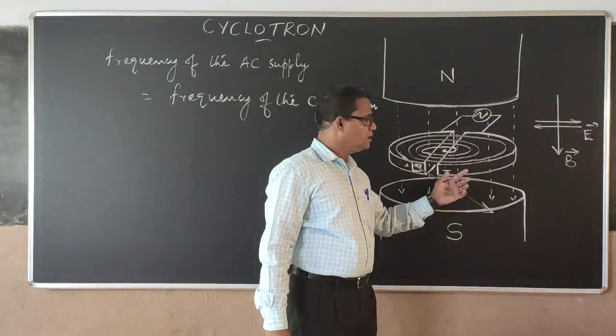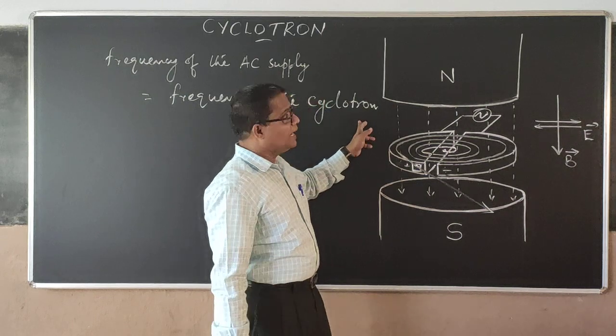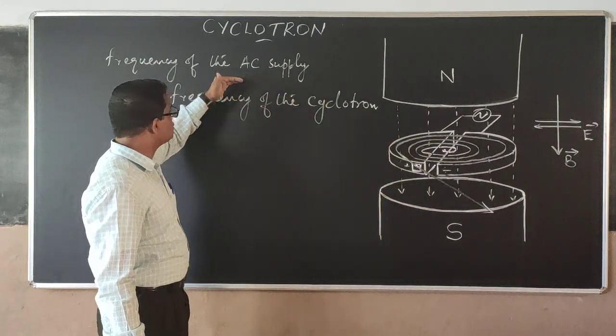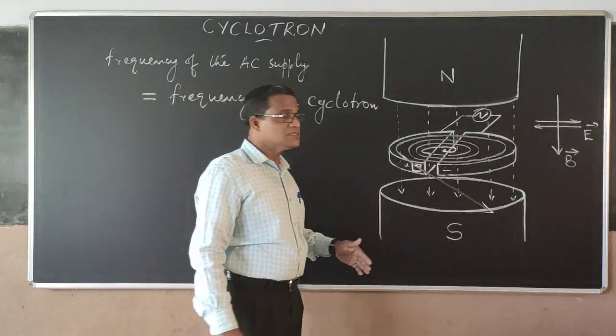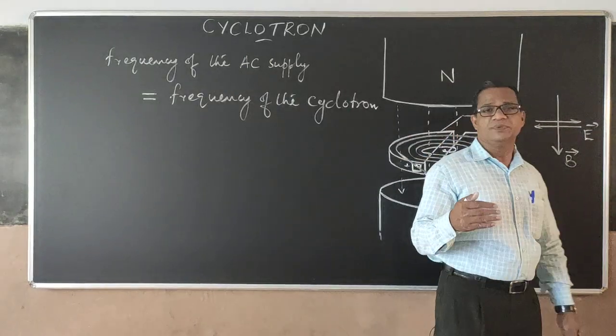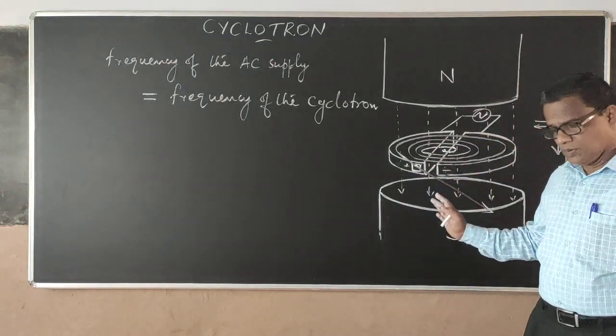That is, the particle frequency is called the frequency of the cyclotron, and the AC frequency. These two are equal, then the resonance takes place and the acceleration is possible. Okay?